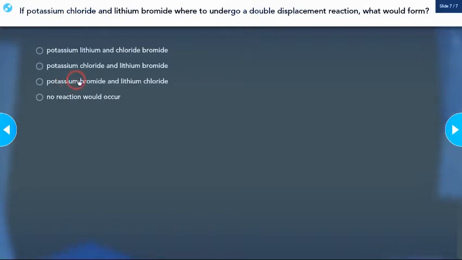So if we look at potassium bromide, that's going to be aqueous. Lithium chloride will also be aqueous. So this reaction would not occur because there's no solid that forms. Everything in here is aqueous. So although we would think it should be potassium bromide and lithium chloride, it also has to follow those rules for double displacement, which say in the products you must form an aqueous and a solid, but they're both aqueous, so that doesn't work.